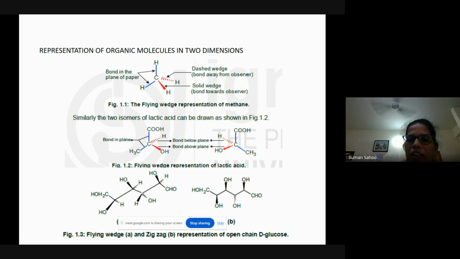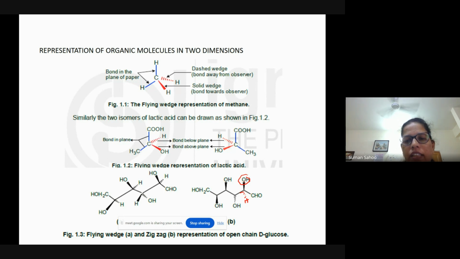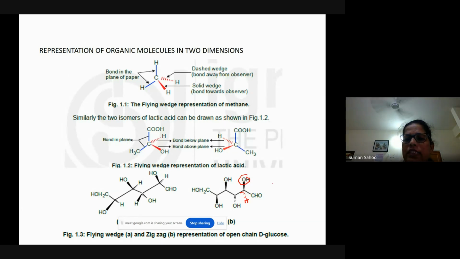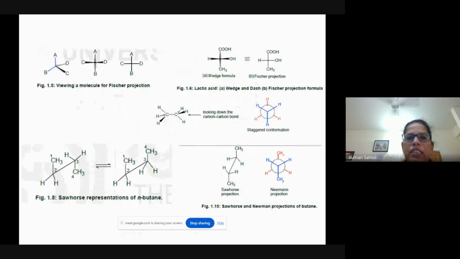That means if this OH is up the plane, then the hydrogen would be down the plane. So we can write it in a zigzag manner. We do not represent hydrogen here, but it is still there, and the carbons at the joints are also not shown.